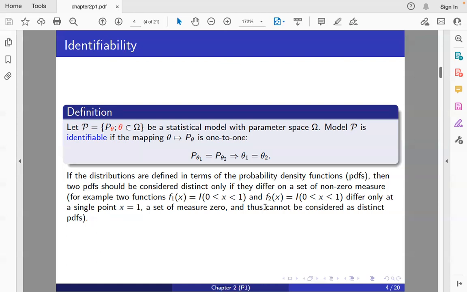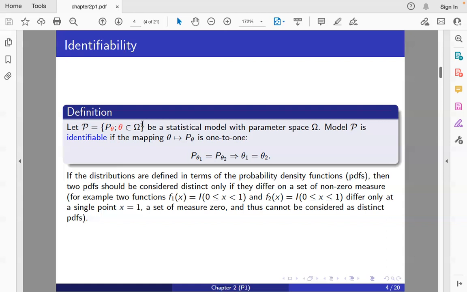A model is actually a class of distributions, and we want to determine a particular element in the class by determining theta. That means theta should be well defined.